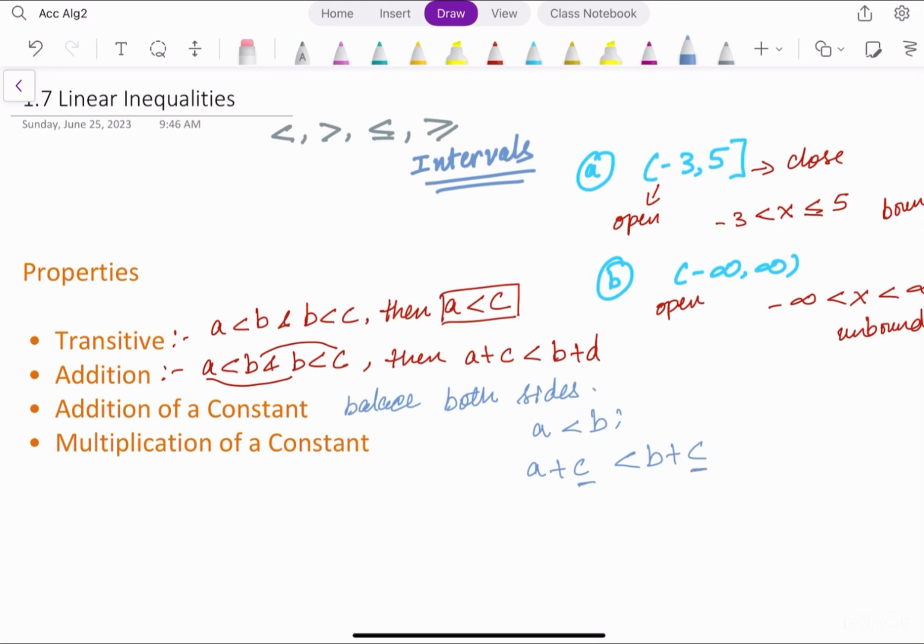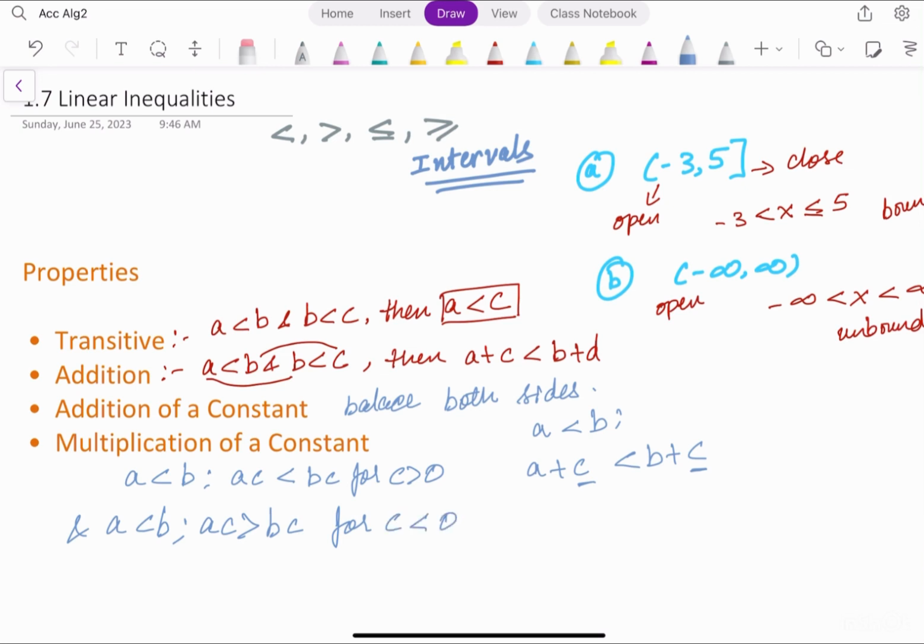So the same thing goes with the multiplication. There will be two cases with the multiplication actually. So if A is less than B, and if we multiply something with A, I am multiplying the same thing with B as well. For C greater than 0, the inequality will remain the same. But the inequality will flip when multiplying by C if C is less than 0.